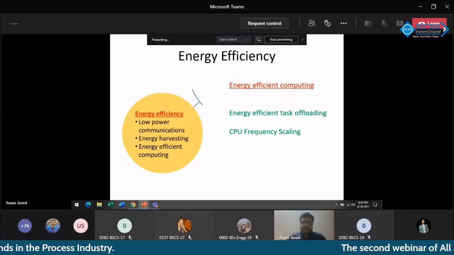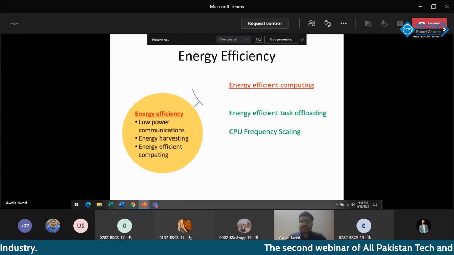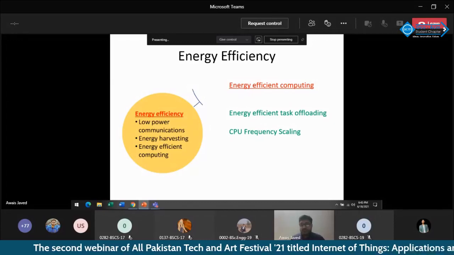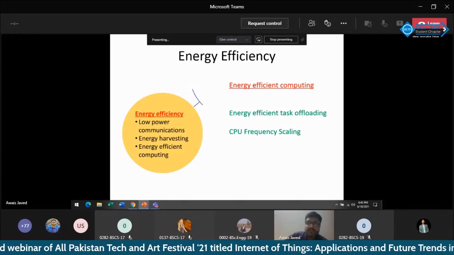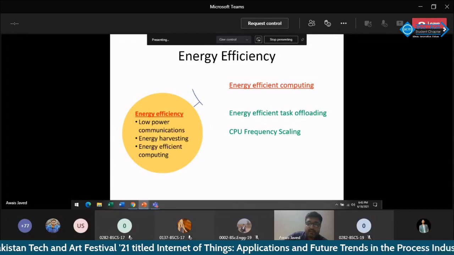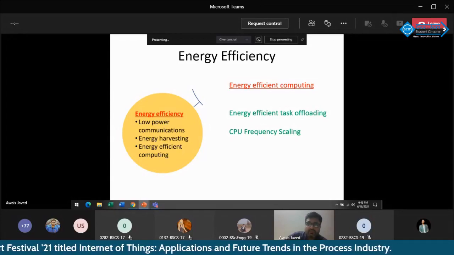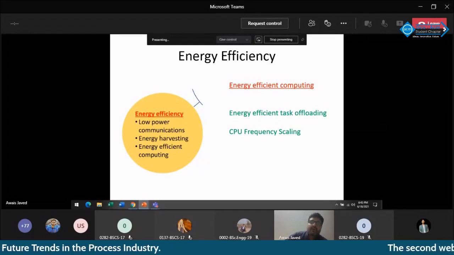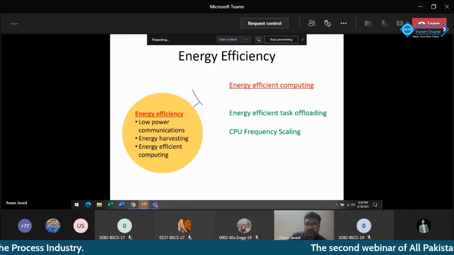Another possible research direction is CPU based frequency scaling. Once a computing node has a high load of tasks, it can adapt its frequency. For example, if you reduce the frequency of the computing device, then you are obviously handling fewer tasks per second, but you are also conserving the energy.